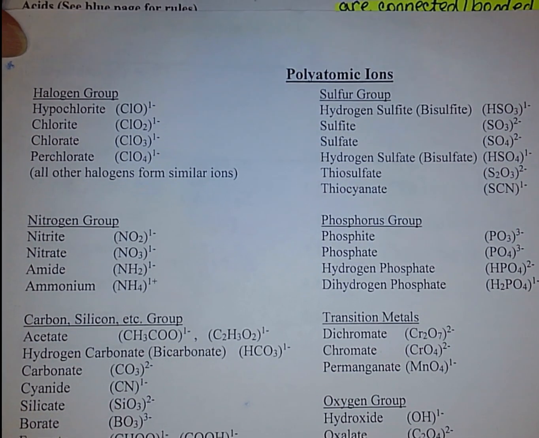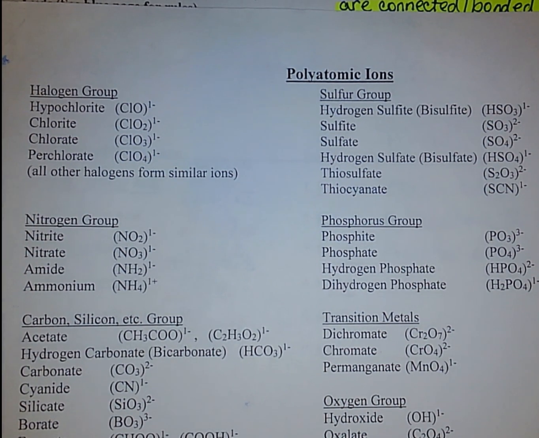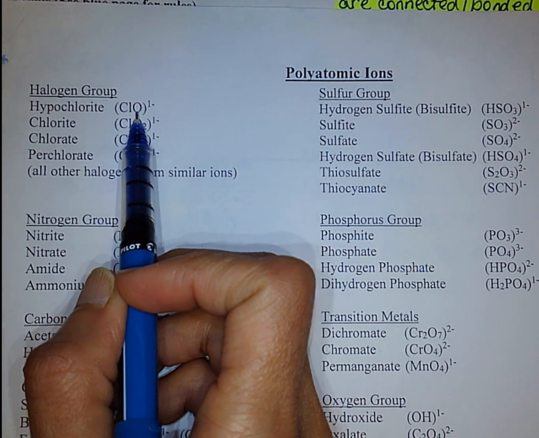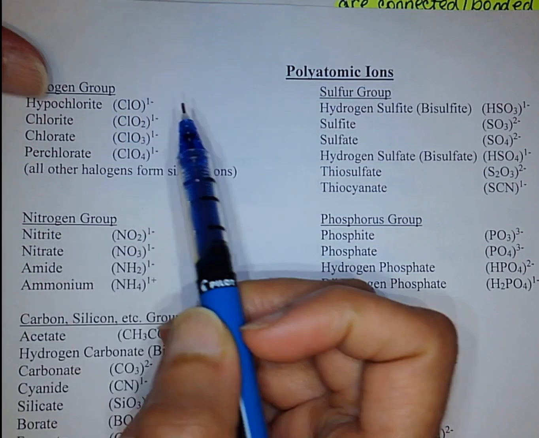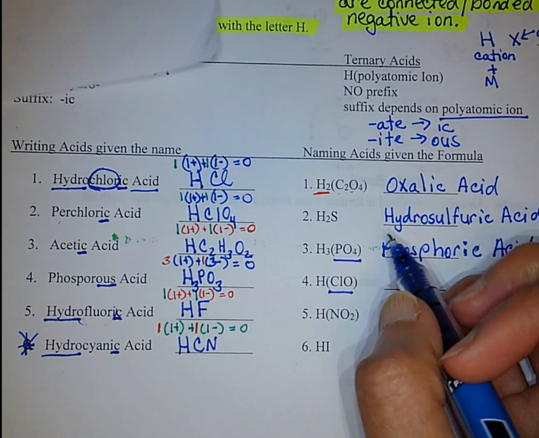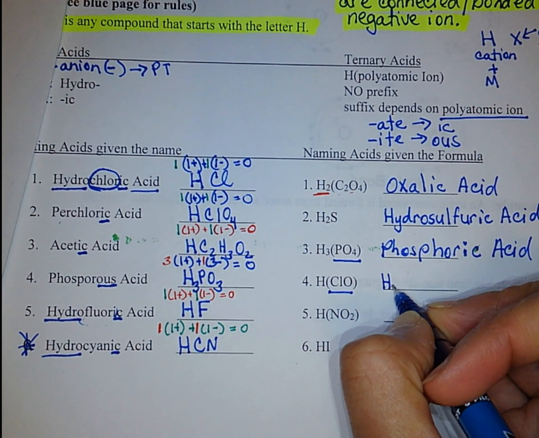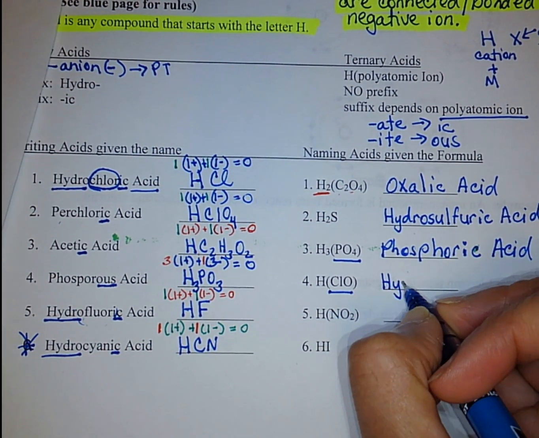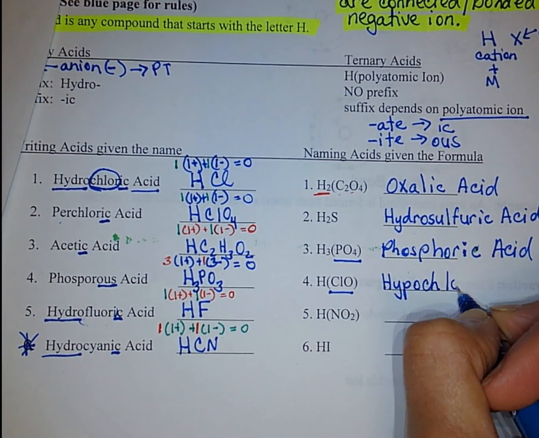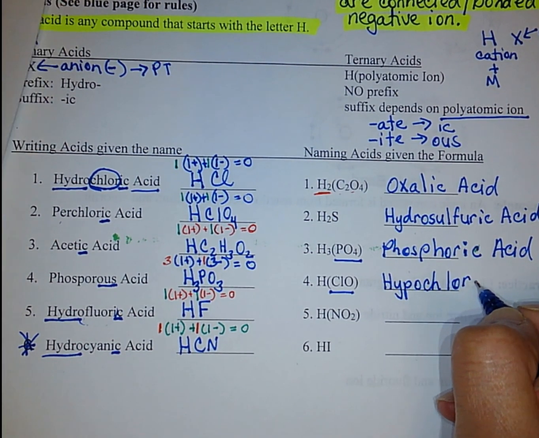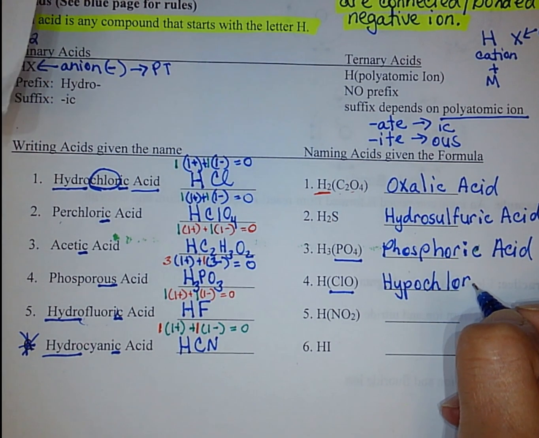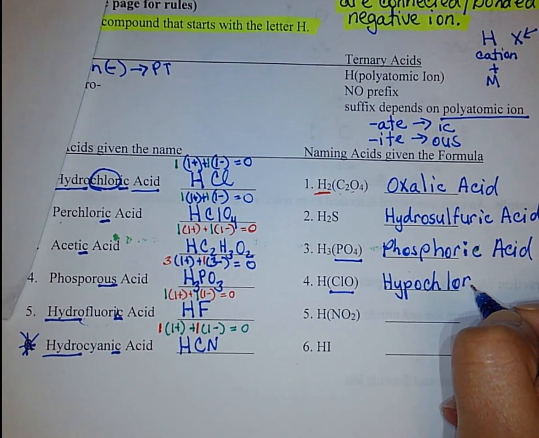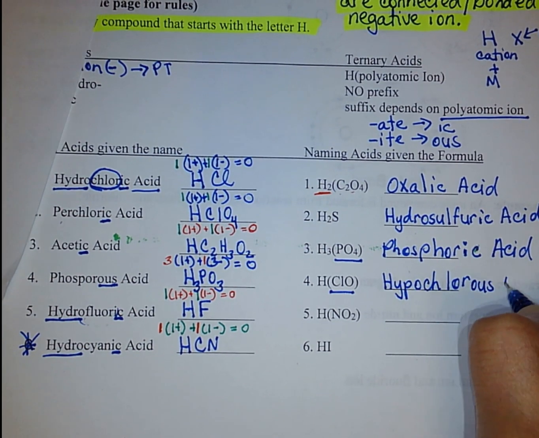We'll find it in the halogen group. It is called hypochlorite. Now it's got an ITE ending, so we're going to replace that with OUS. So this is called hypochlorous acid. Okay, OUS acid.